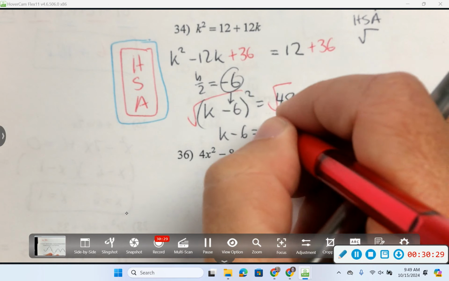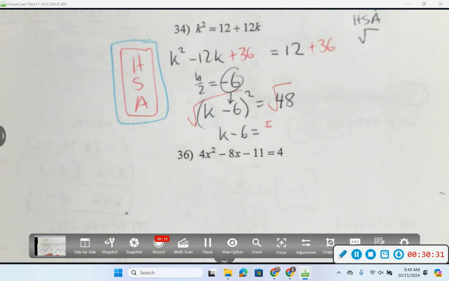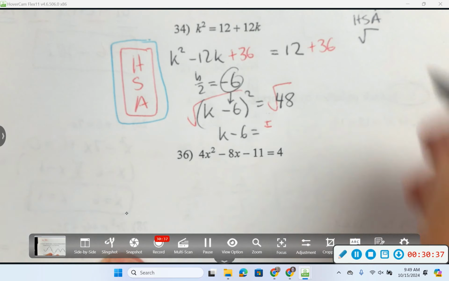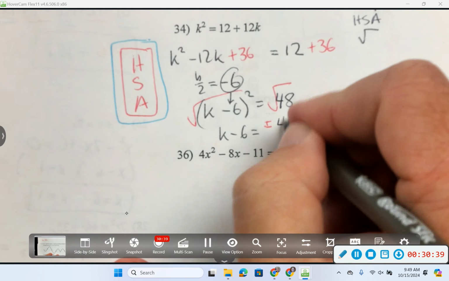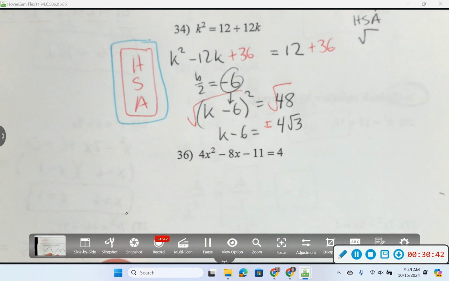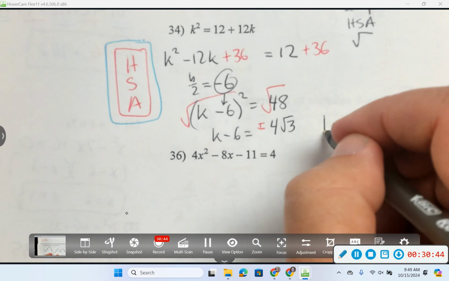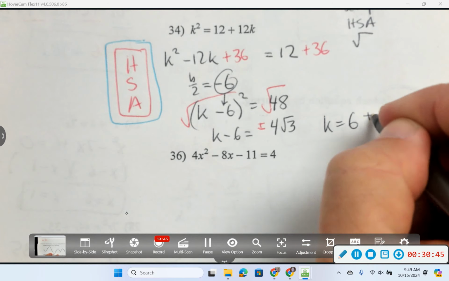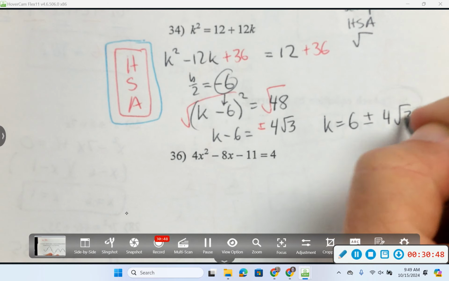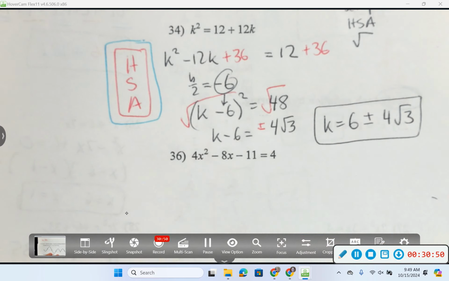Don't forget the plus or minus. 48, that can be split up. 48 is 16 times 3, 4 root 3, and then move the 6 over. 6 plus or minus 4 root 3. Good old completing the square.